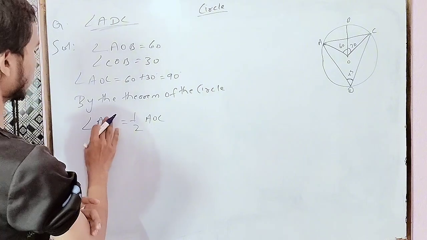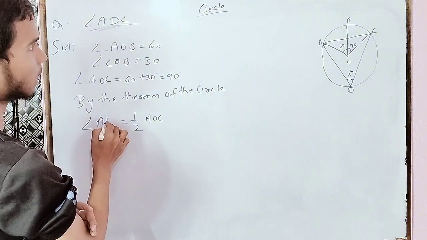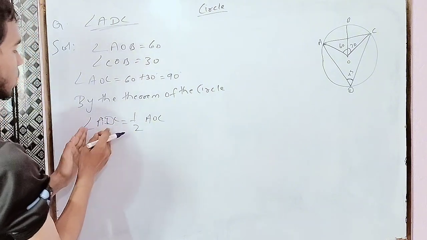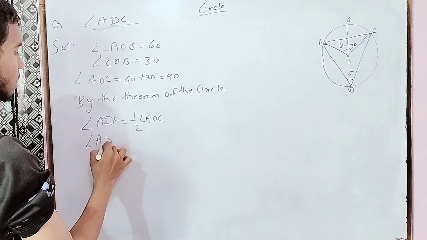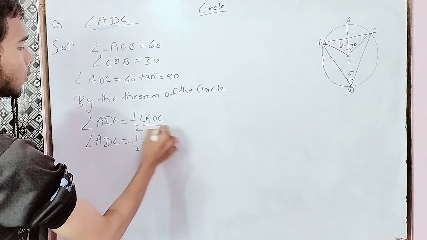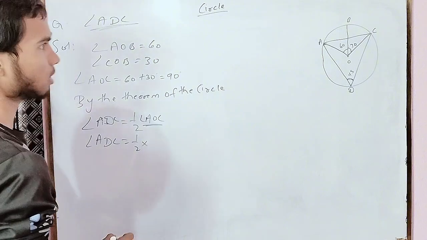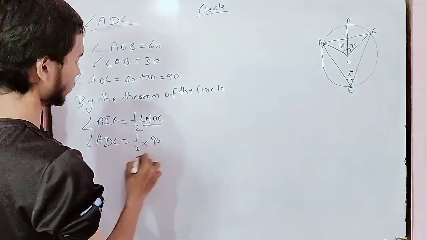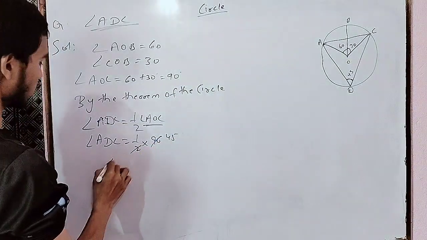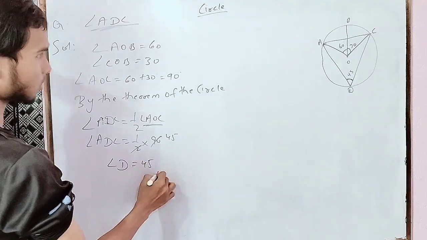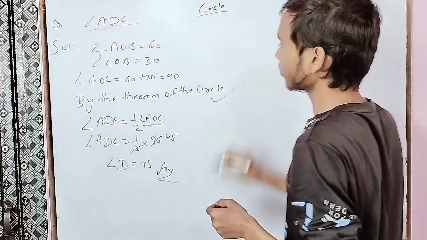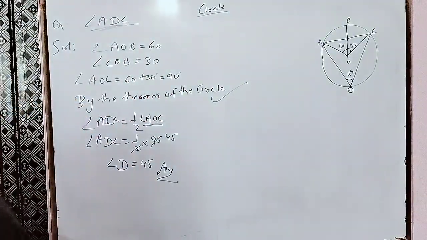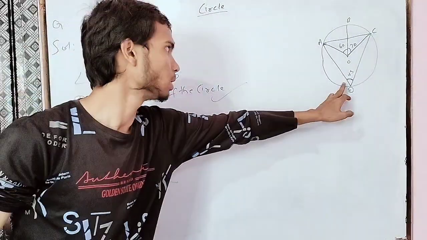So it is angle ADC, not AOD. This is equal to half of angle AOC. What is the value of this angle? It is 90 degrees, so it will become 45. So here angle D is 45. So we have applied a theorem, and by this theorem we were able to identify the measure of this angle.